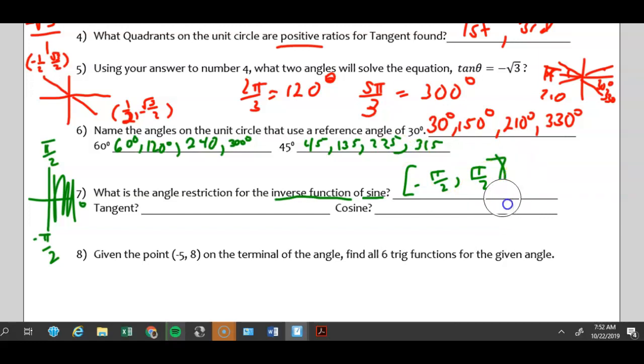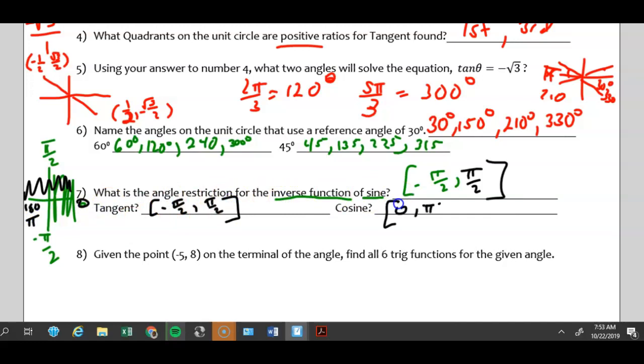Sorry about that. I'm going to rewrite that anyway. Tangent is the same as sine inverse. It is just only on the right half of the graph, so negative π/2 to π/2. And then cosine, if you remember, cosine exists up here. So we say from 0 to 180, or 0 to π, because it's in radians. So 0 to π. Boom. There we go.